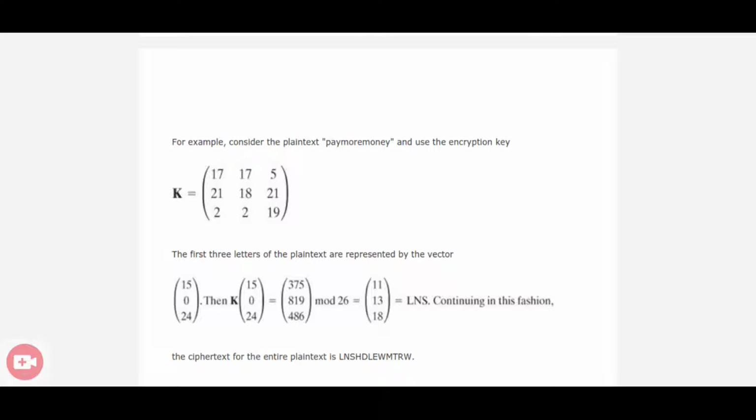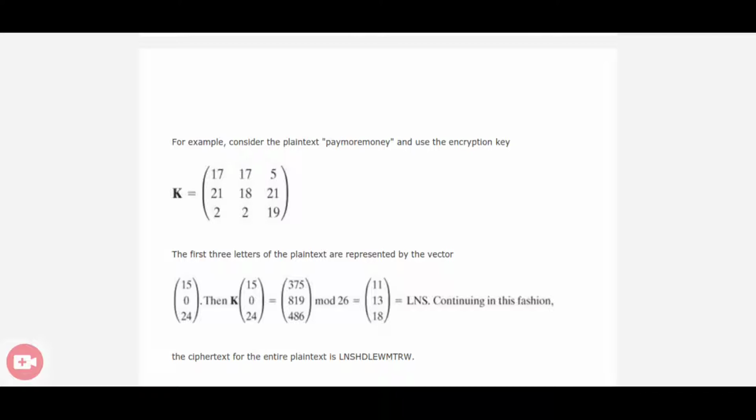We can convert the first 3 letters of plain text into ciphertext, then the next 3 letters into the next 3 ciphertext letters, and go on. The first 3 letters of the plain text are PAY.